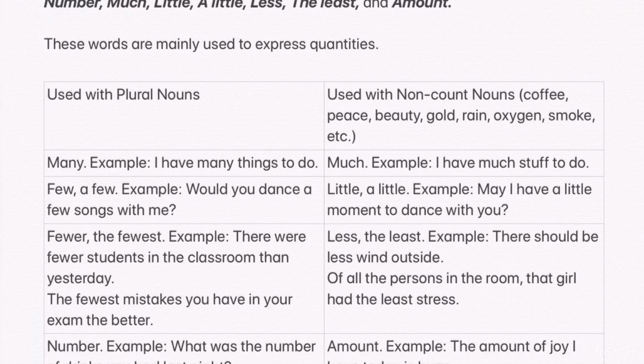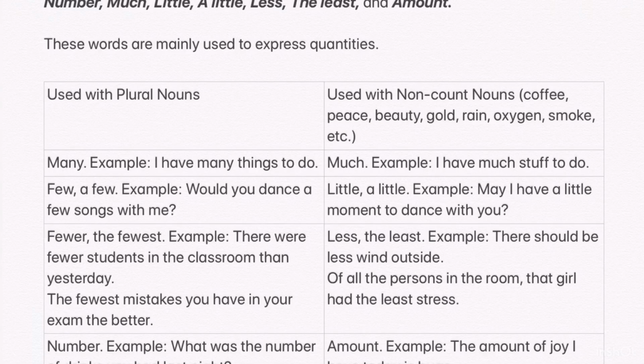Let's see with little. May I have a little moment to dance with you? Moment. How long is a moment? A moment can be whatever length it can be, all right? It can be 5 seconds, it can be 5 minutes, 5 years, 5 decades, we never know, okay? So, less and the least, an example.